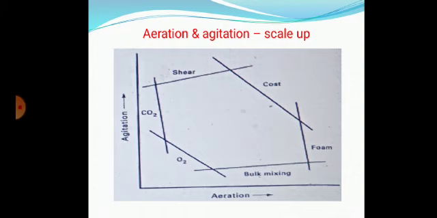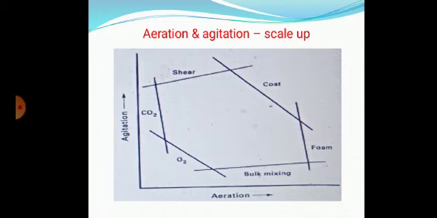Shear effect means, as you increase the agitation, death of the cells. The cells are killed. More agitation, more death will be there. So the shear effect here should not cross the window.